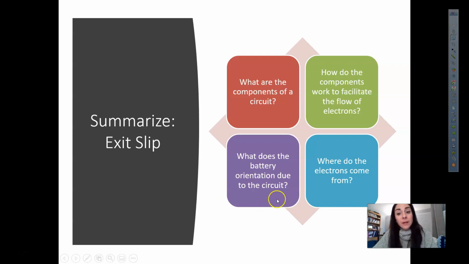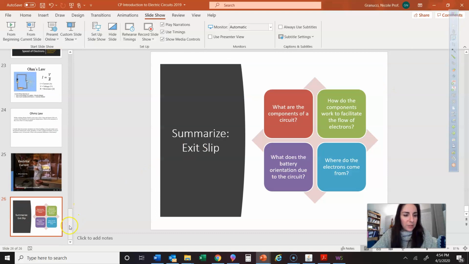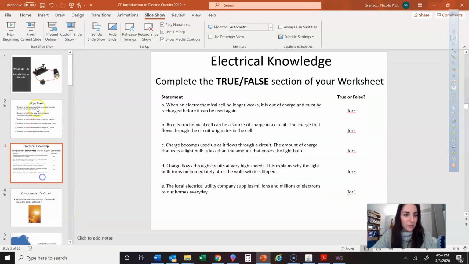The battery polarity causes the direction of current. So if I flip the battery polarity, it will actually go in the opposite direction, and it matters. And electrons come from the devices themselves. They do not come from power companies. Your battery doesn't make them. Once the circuit is built, they reuse the electrons in that circuit to keep going. So I hope that I answered all of the questions in here, and I think I did.